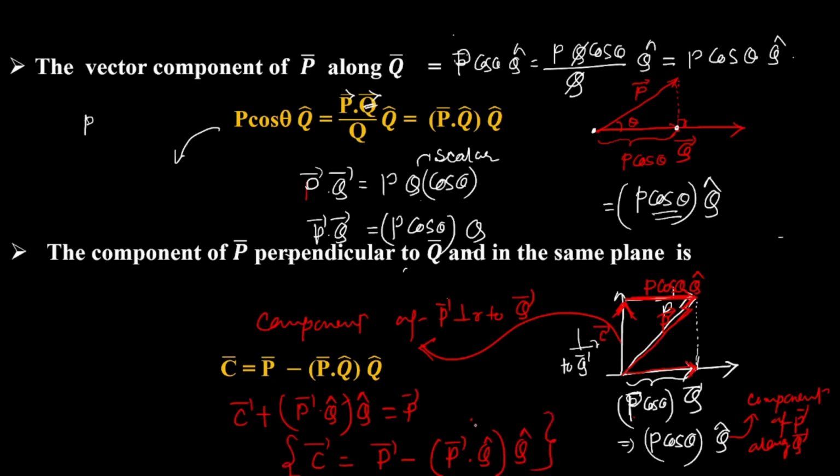We got this? These two formulas are very important for you: one is how we write the component of one vector along the other vector, and the other is how we write the component of one vector in a direction perpendicular to that vector.